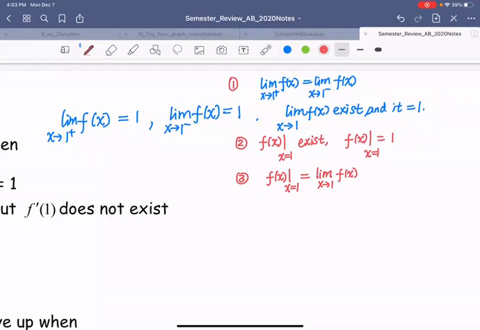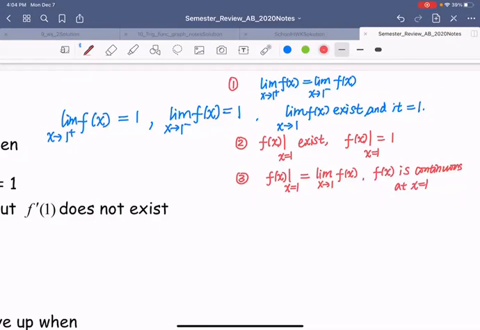This equals this. That guy equals that guy. Then this function f(x) is continuous at x equals 1.